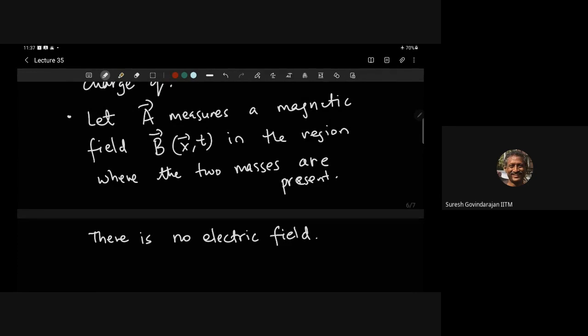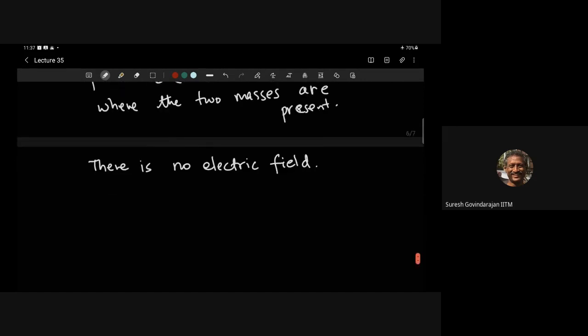Now the question to you is, what are the forces on the two masses? Are there any forces? There are no other forces other than what I'm saying. See that the magnetic field will not act on the second mass, even though it's charged. Why? Zero velocity. Exactly. Right.